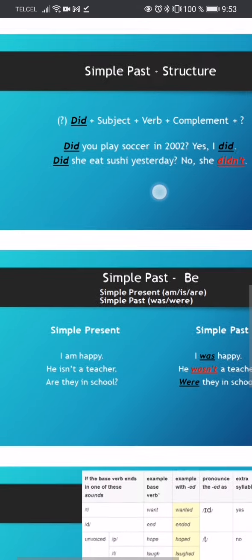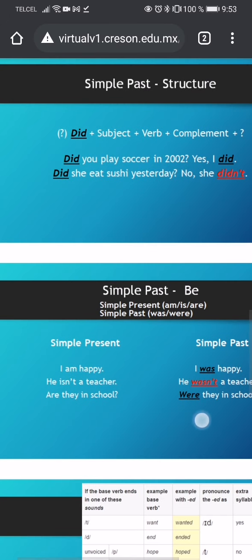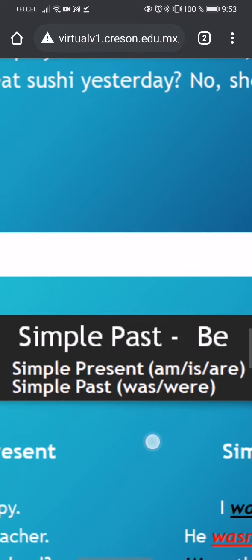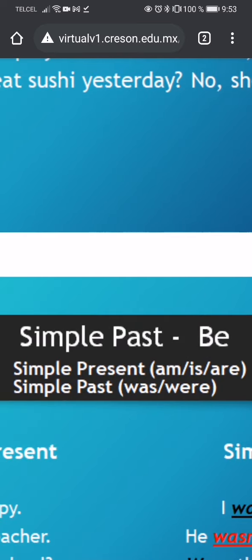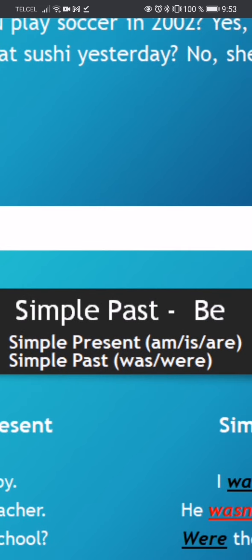But there is something very important here. The verb be. The verb be, remember that is an irregular verb. So the verb be in simple present, we have three forms. Am, is, are. In simple past, we have two. Was and were. Now, when we use the verb be, it is an auxiliary too.